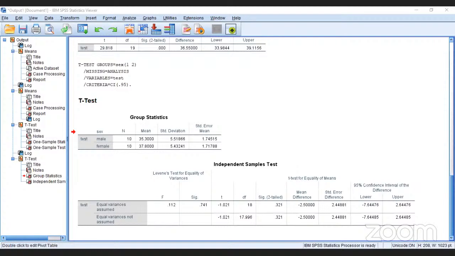Next, clear, concise labels for column and row headings.